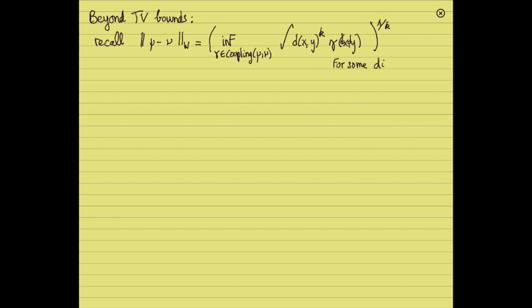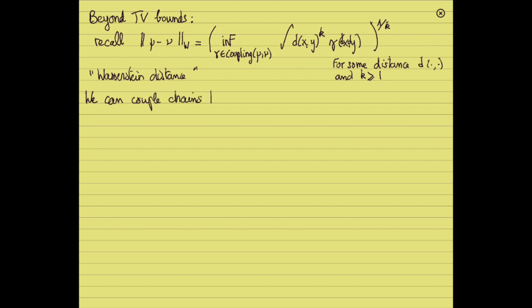And the whole infimum is to the power 1 over k. So this depends on the choice of distance, d, on the state space, which has to be chosen. And this whole distance is called the Wasserstein distance between the probability measures.